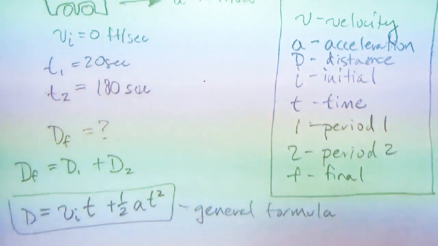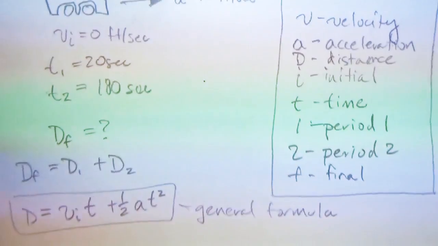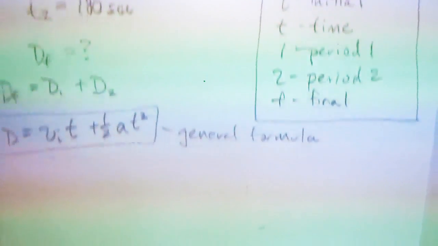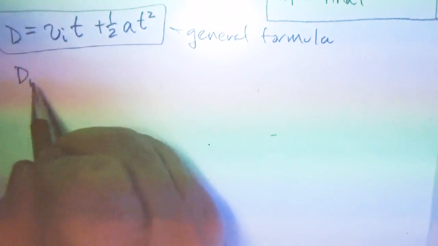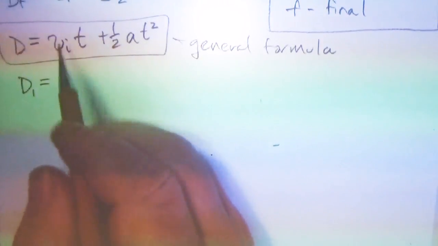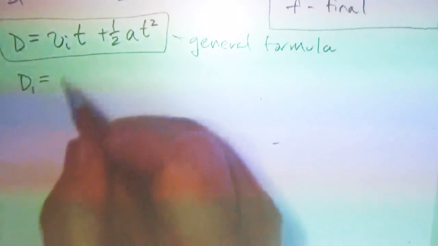And I think I need to just slightly adjust my page here so we can follow that. So what we want to do is consider each one of these time periods separately. So we'll do the first time period first. d1 is equal to the initial velocity, okay? And what's the initial velocity?